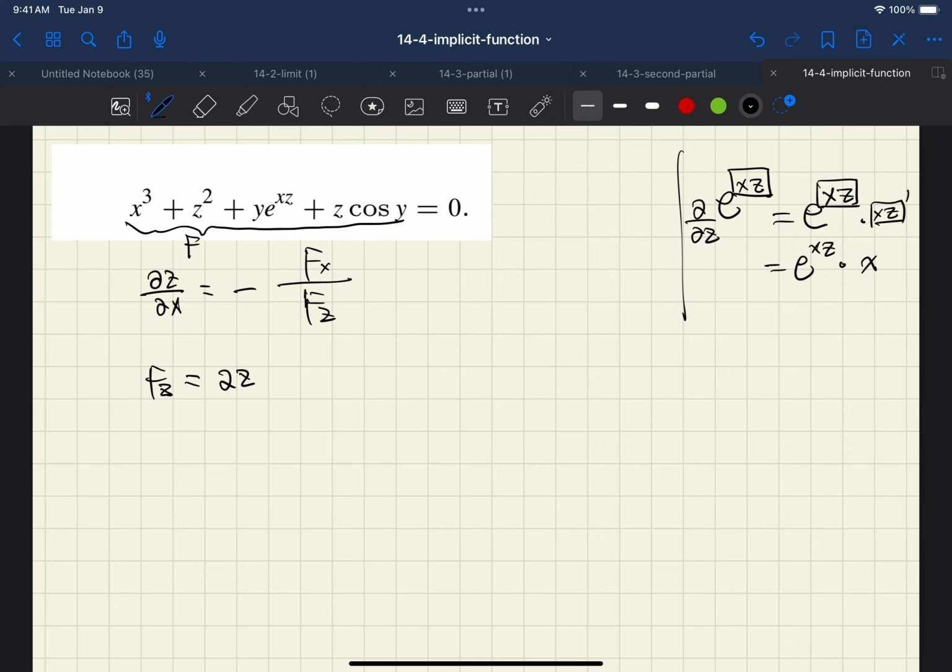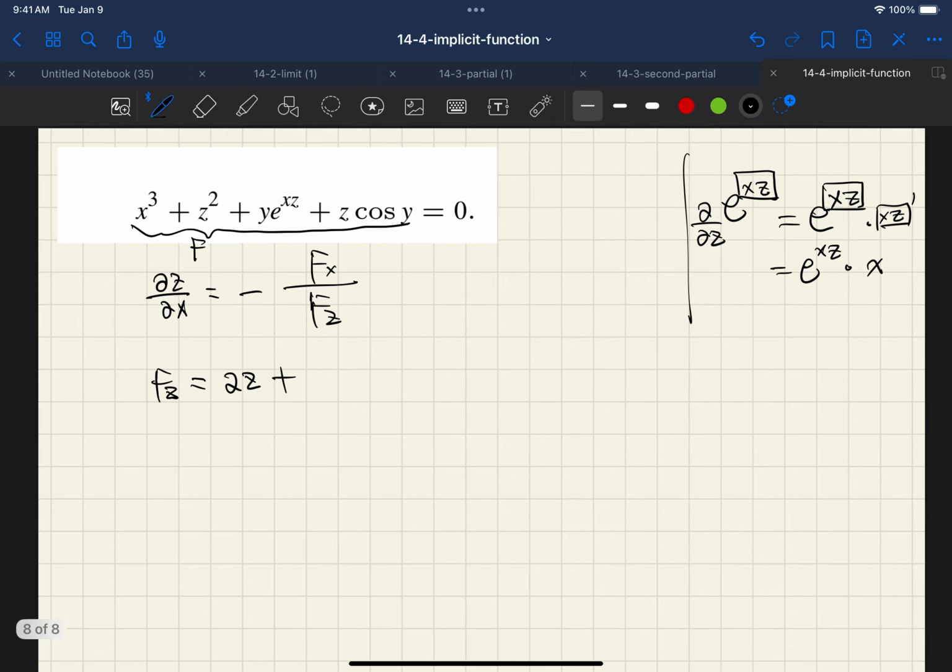So continuing from here, plus y times e to the xz prime, which is x e to the xz, plus z cosine y. Cosine y is constant because z is considered the variable. Now, what is Fx? Fx is going to be 3x squared plus z squared with respect to x.